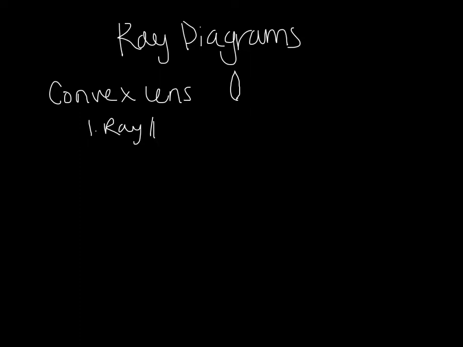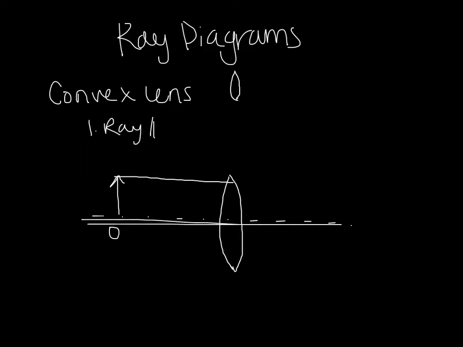So what that is saying is if I have a lens, that is a horrible lens, ignore that. If I have a lens, and here's kind of the center, and I have an object on this side, this is object O, and it has a ray traveling parallel to this axis here.